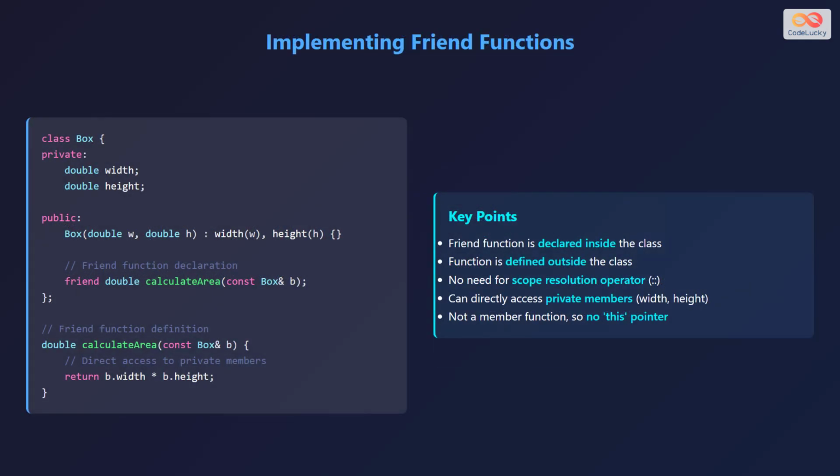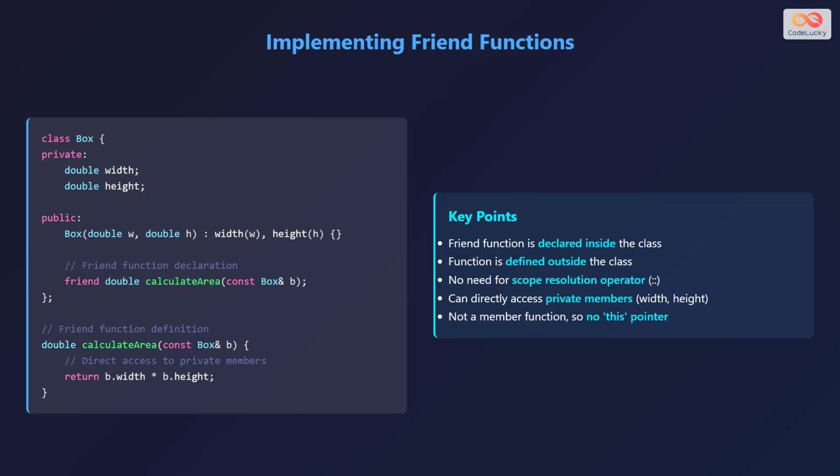Now let's see how to implement a friend function in C++. First, declare the function as a friend inside the class definition. This tells the compiler that this non-member function is allowed to access the private and protected members of the class. Then define the friend function outside the class, just like any other regular function.